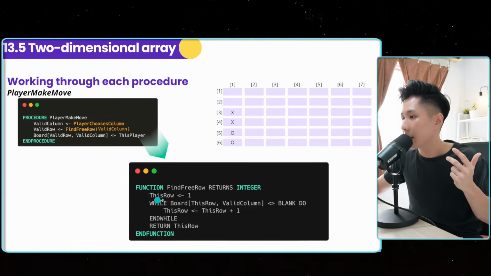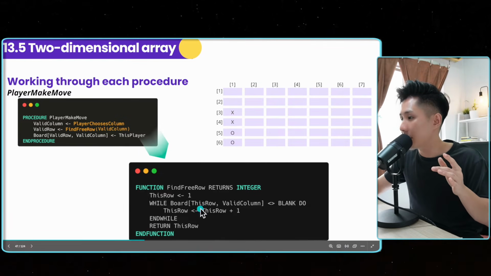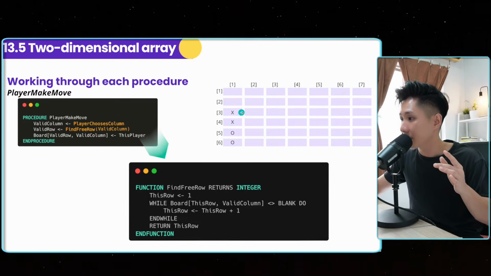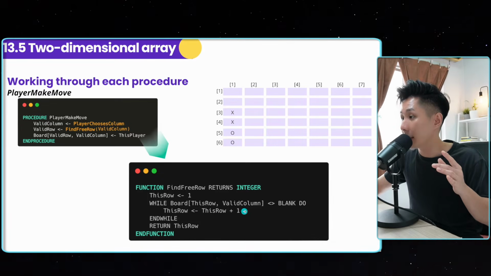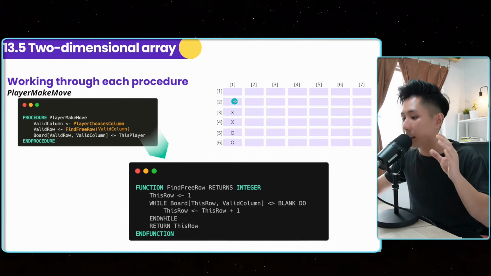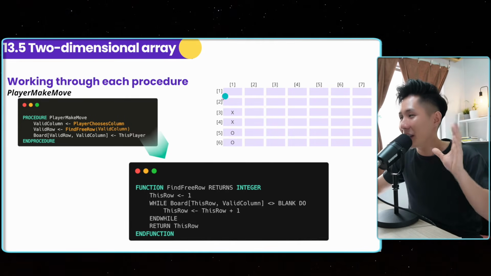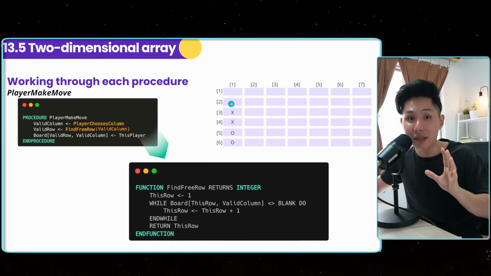We'll start off with a variable called this row equal to 1, and if board this row, valid column is not equal to blank, then we do this row plus 1, and end while, meaning I go down until I find a blank value. Sorry if I make this very complicated, but eventually it should return 2 as the free row.